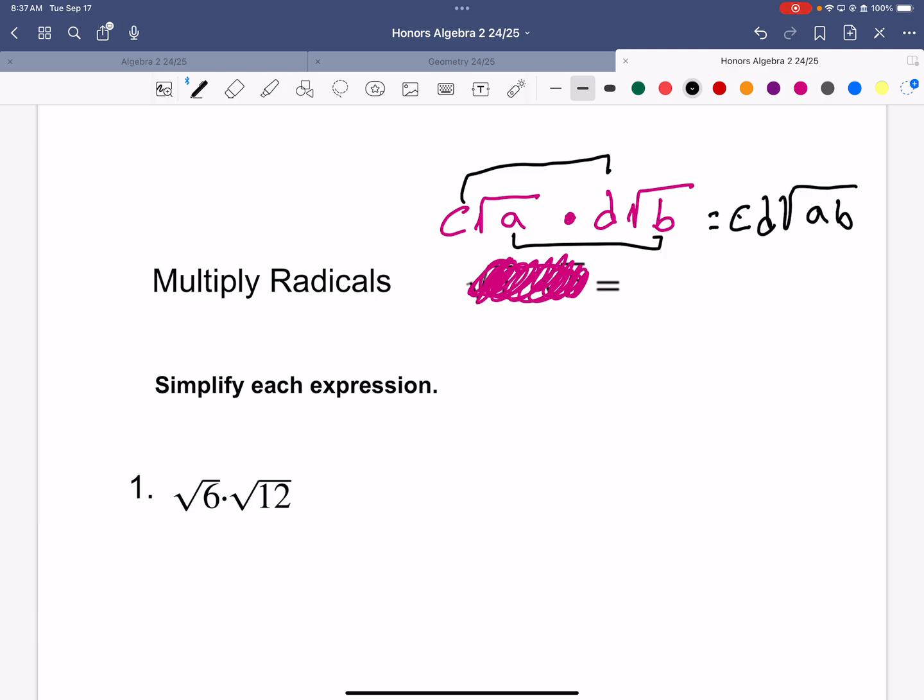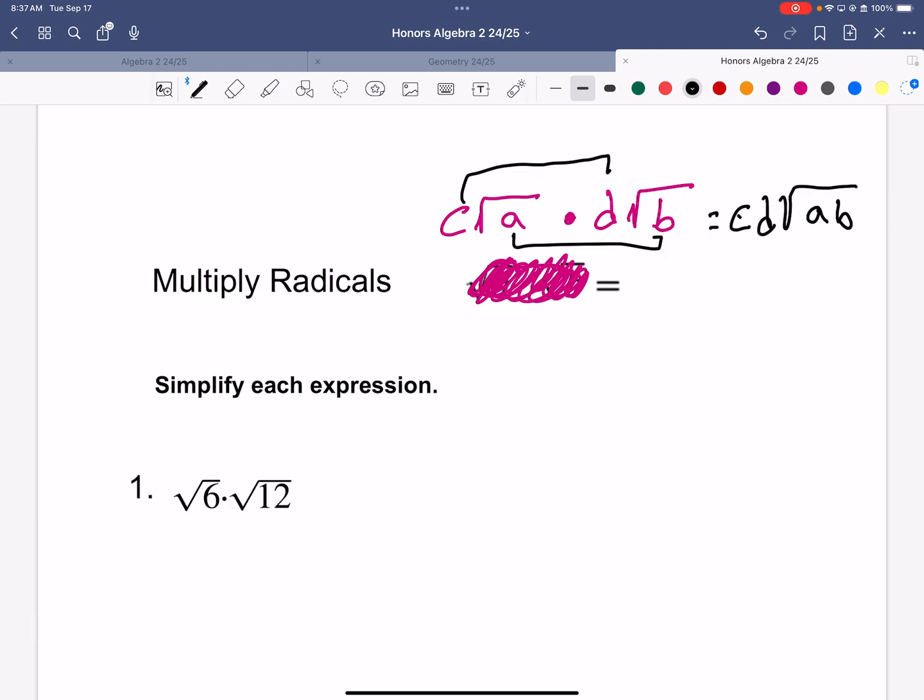So this is going to end up being CD times radical AB. What's on the outside gets multiplied by what's on the outside. What's on the inside or underneath gets multiplied by what's on the inside or underneath. And then you have to simplify if you have to.